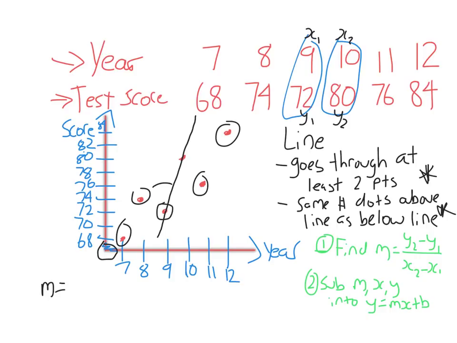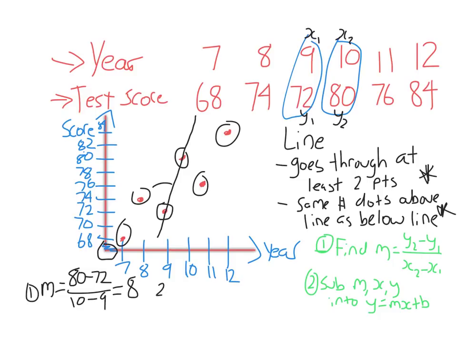So this is the point x1, y1, this is the point x2, y2. So gradient, y2 minus y1 over x2 minus x1. So that there just gives you a gradient of 8. So that's step 1 done.